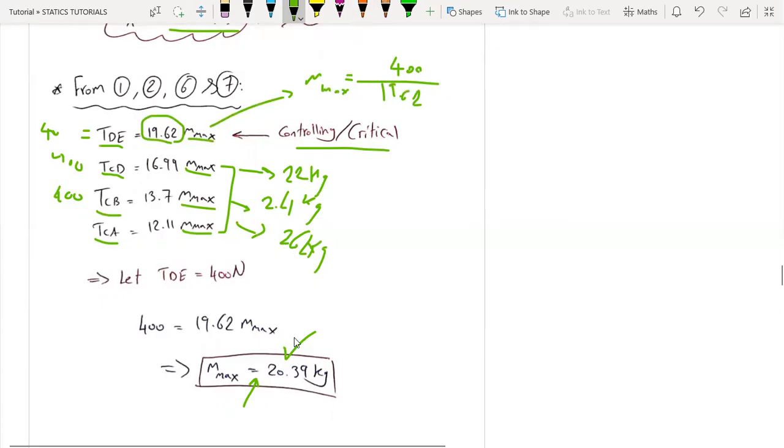But you will choose the least allowable mass, which is 20.39. So you make sure that the mass shouldn't exceed a value of, say for example, 22, 24 or 26 kilogram, otherwise it will fail. So if you choose the least value of the mass, 20.39 kilogram, you will make sure that the system will not fail if we have chosen the mass to be 22 or 24 or 26.